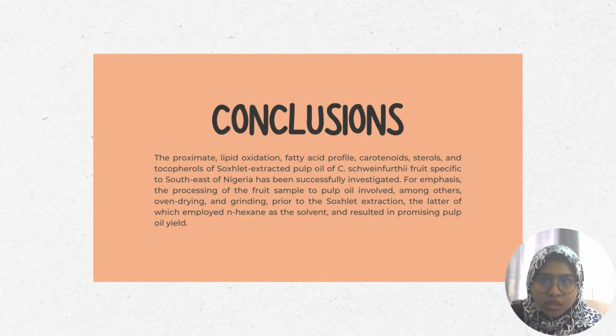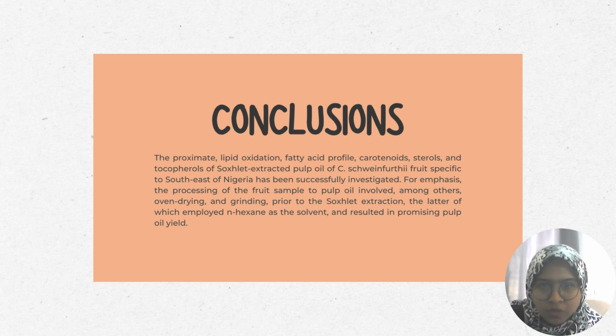And for the conclusion, the proximate analysis, lipid oxidation, fatty acid profile, carotenoid, sterol, and tocopherol of Soxhlet-extracted pulp oil of Canarium schweinfurthii fruit specific to southeast Nigeria are identified.